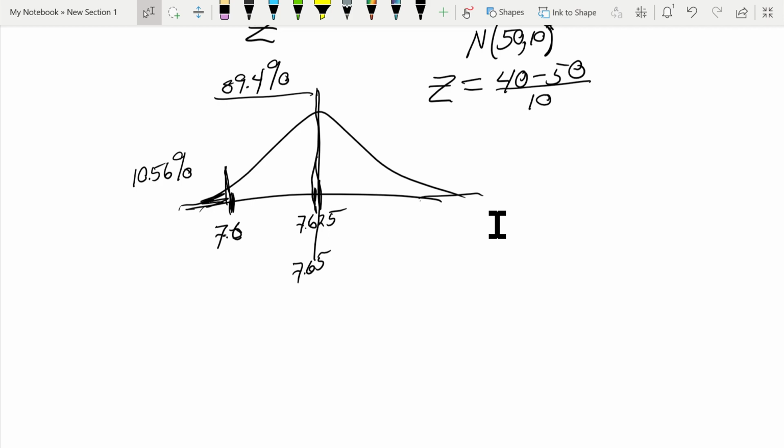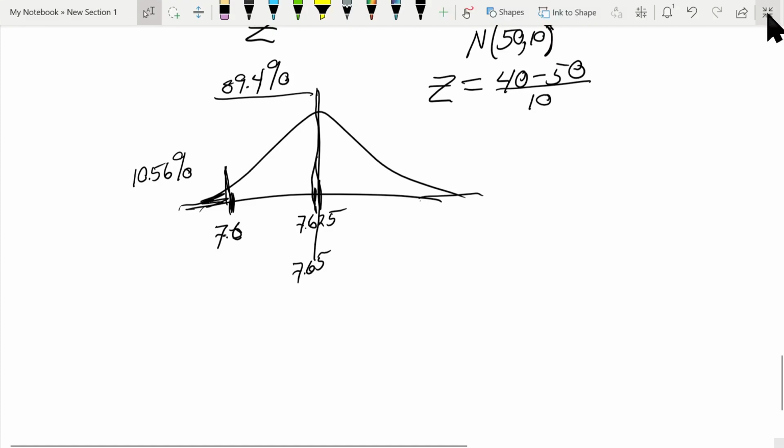The norm.dist always comes from the left. And there's no command that will give you the other side. Everything has to be done from the left and then subtracted if it's appropriate.